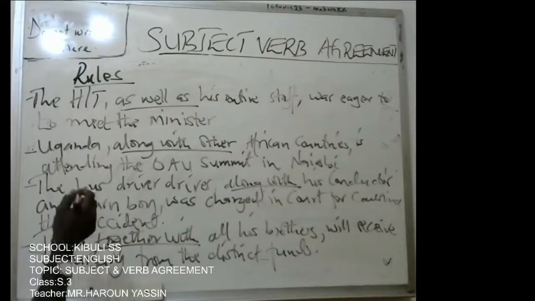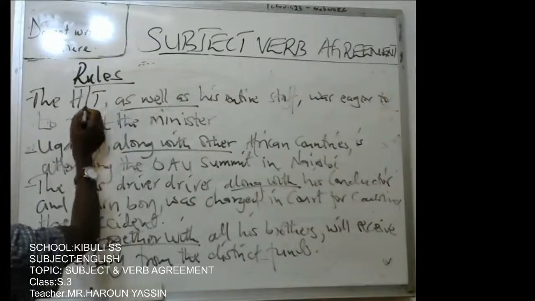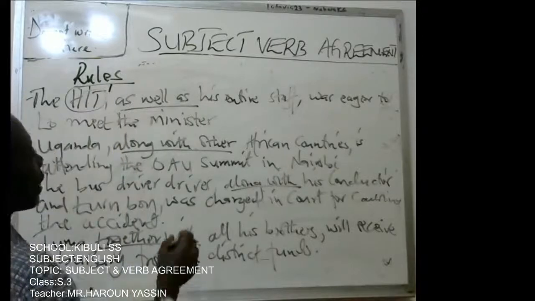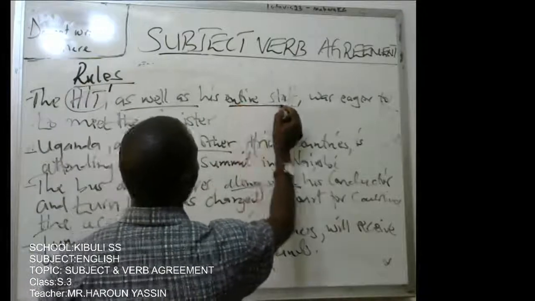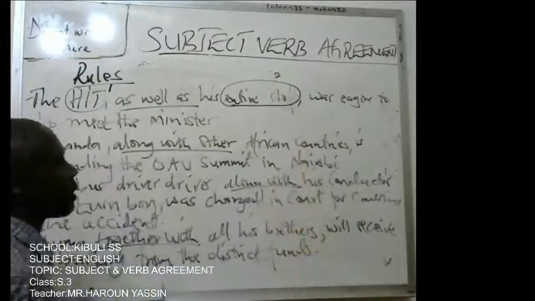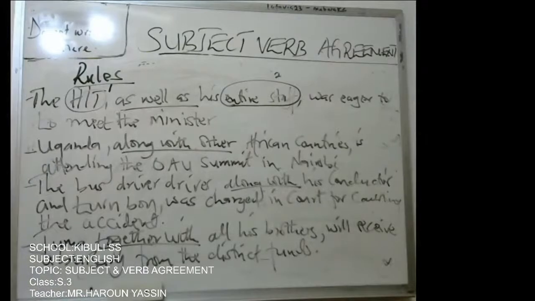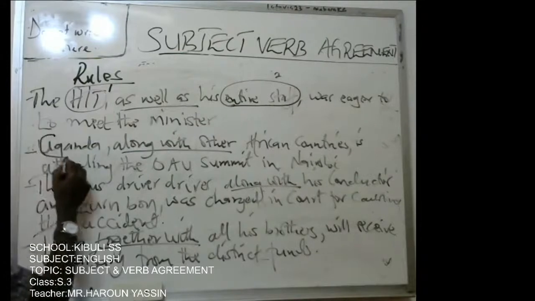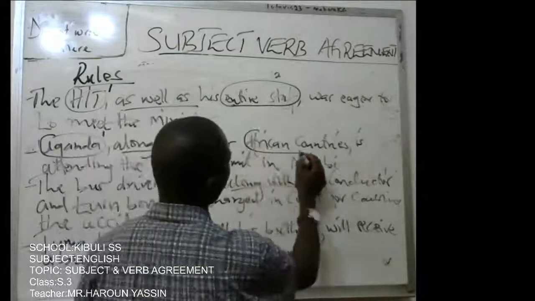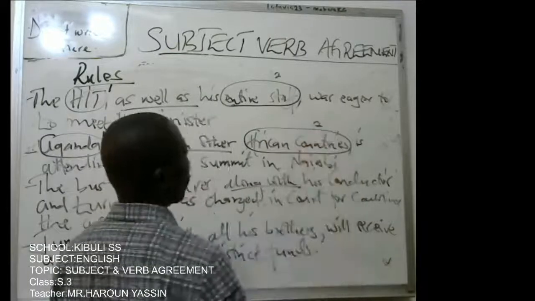Here, for instance, we shall have the head teacher, this would be one noun. In the first sentence, his entire staff would give us the second. Somebody can argue that this is another noun in that sentence. In sentence number two, we shall have Uganda being one noun, then other African countries would be the second one.